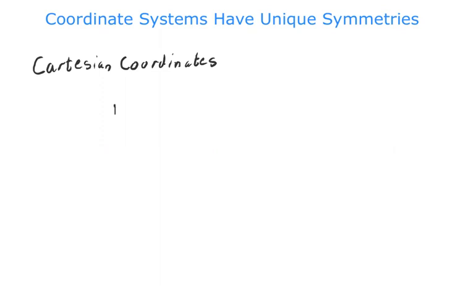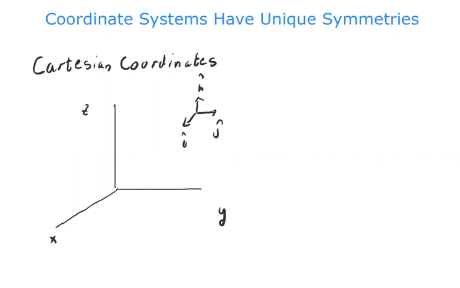So again, in 3 dimensions, my Cartesian coordinate system can be defined by using my friendly unit vectors. And again, I defined my coordinates using the right-hand rule that we discussed last lecture.